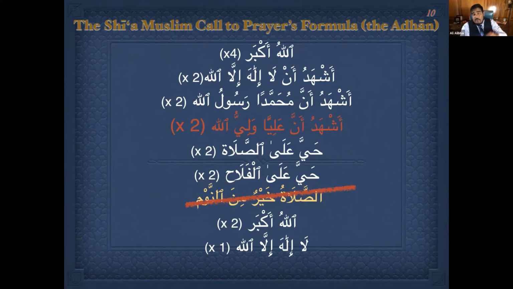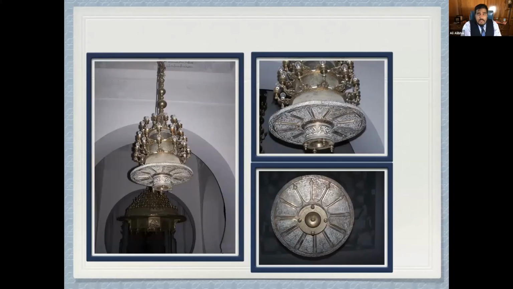And so they altered, in that sense, the adhan in the public sphere to echo the political and religious ideologies of the ruling party. And so this is something that is common throughout Sunni and Shia political narratives throughout the medieval period. In addition, they replaced it with Hayya ala khayr al-amal.